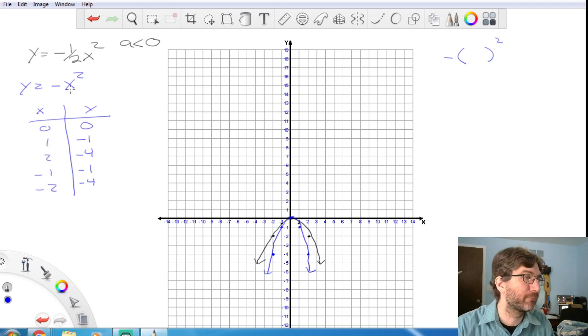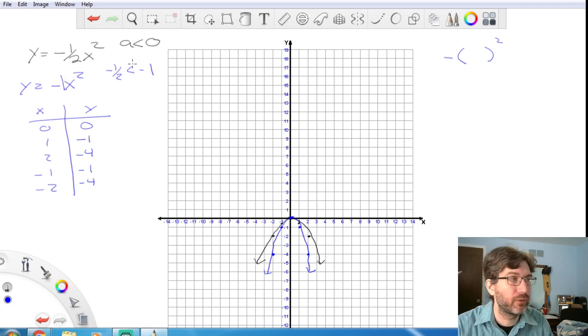You'll note that comparing your a values here, -1/2 is greater than -1, because again we have a -1 here technically. So the smaller the a value, the wider your curve tends to be. The larger your a value, the less wide it is, and these lines get a bit steeper as you go.